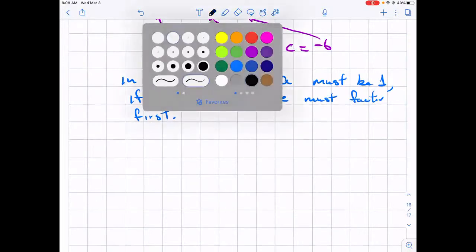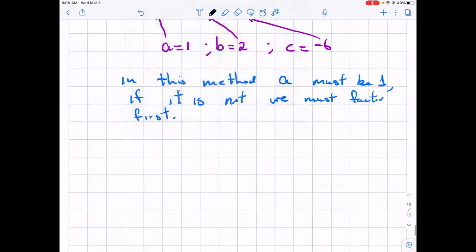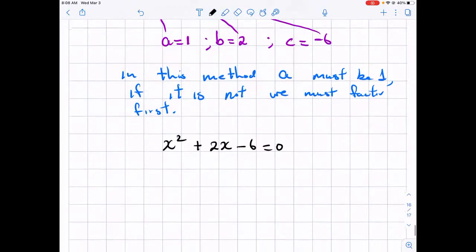So we have here x squared plus 2x minus 6 equals 0. And I have a video where I clearly show specifically how to solve by factoring quadratics, okay?